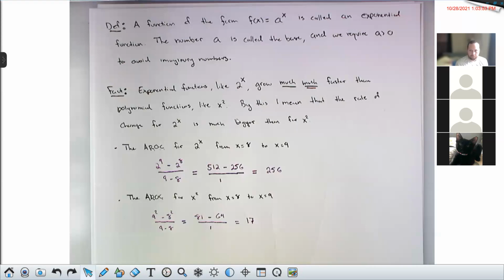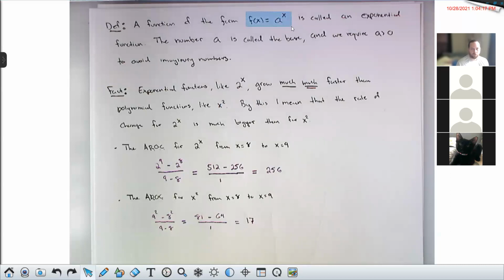Based on their name, you can imply that exponential functions have a lot to do with exponents, right? Obviously, the big thing here is that the variable is in the exponent. The variable is the power. So before, your base was the variable, and you had some constant powers, and we studied all sorts of things like that.